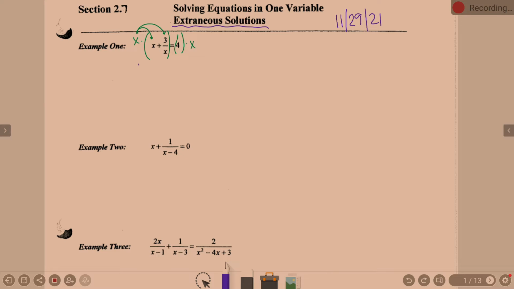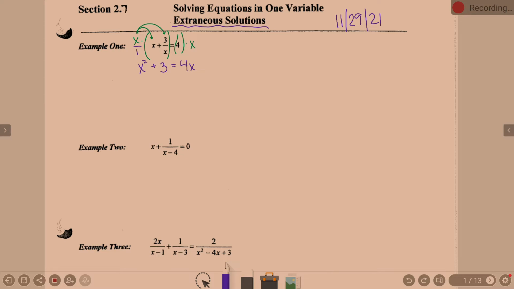X squared plus, what is x times 3 over x? Just 3? Because if you need the visual, x can be seen as a fraction, x over 1. And so you multiply x over 1 times 3 over x, the x's cancel, and we have a plus 3 equals. On the right, it's not just 4, it's 4 times x, which is 4x.